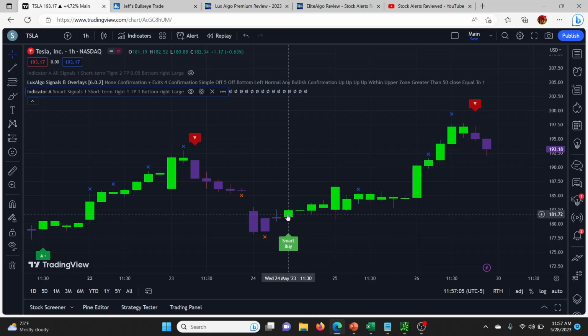Just in this one particular instance, LuxAlgo did give better data for trading to act upon. However, it's not always the case, and that's what I'm trying to figure out. So in my next video, I'm going to start looking at shorter time frames and see if there's any obvious advantage to using EliteAlgo over LuxAlgo or vice versa. And I'll keep you guys updated on that.